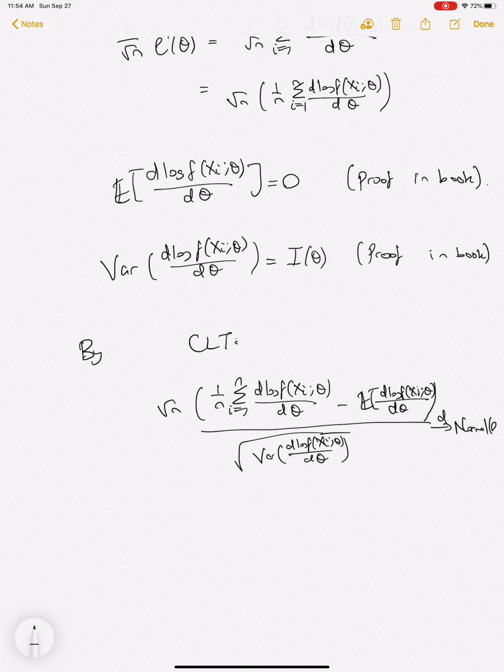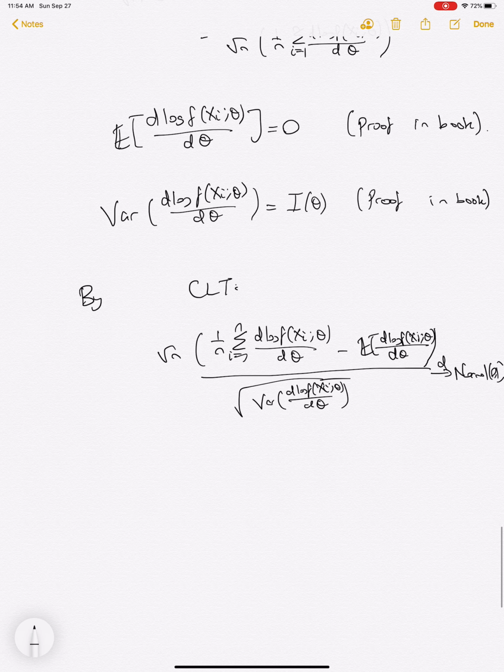Sorry, I'm running out of space here, but that's a normal 0, 1.